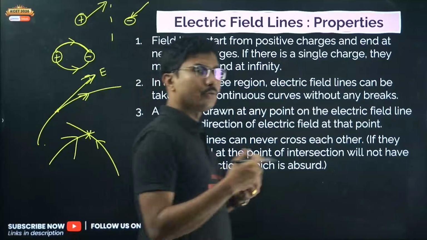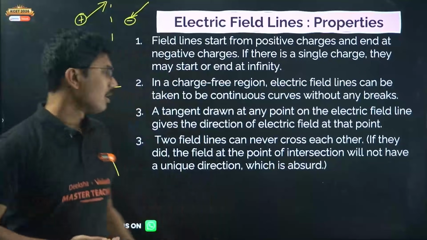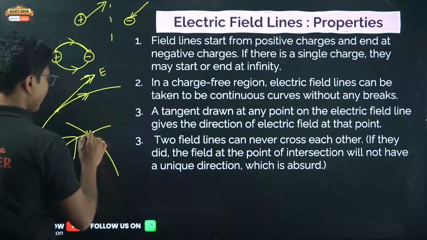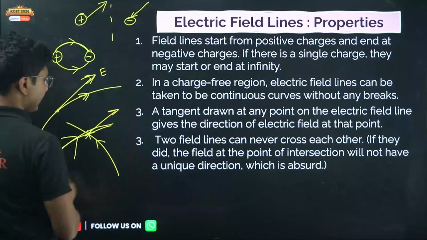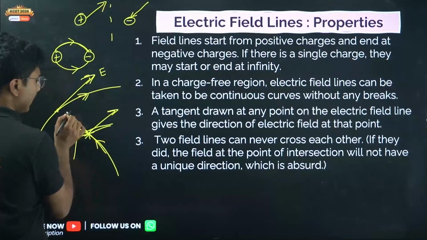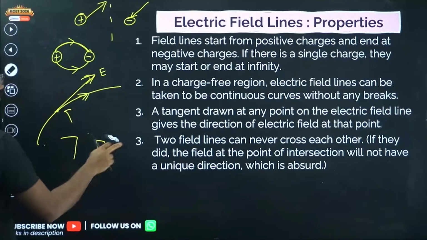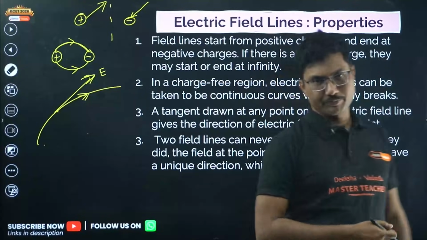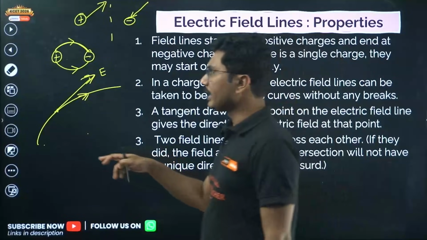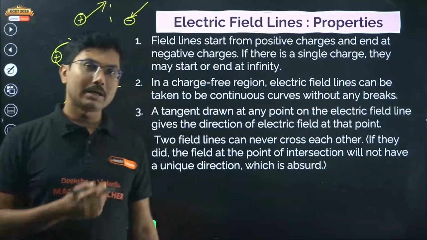Because if they had crossed, then at the point of intersection, this curve will say electric field is in this direction, this one will say electric field is in this direction. But electric field cannot be in two separate directions. Electric field at a point has to have a unique direction. This is the property of a vector. Each vector quantity has a unique direction, not multiple directions.